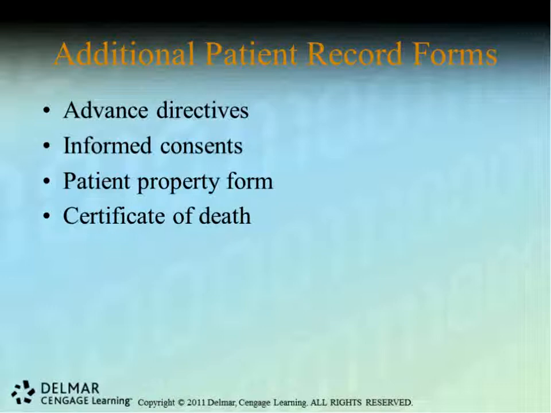Okay. Now, other things we have here are your certificates of birth and certificates of death. When a baby is born, they fill out an application for a birth certificate and submit it to the State Department.